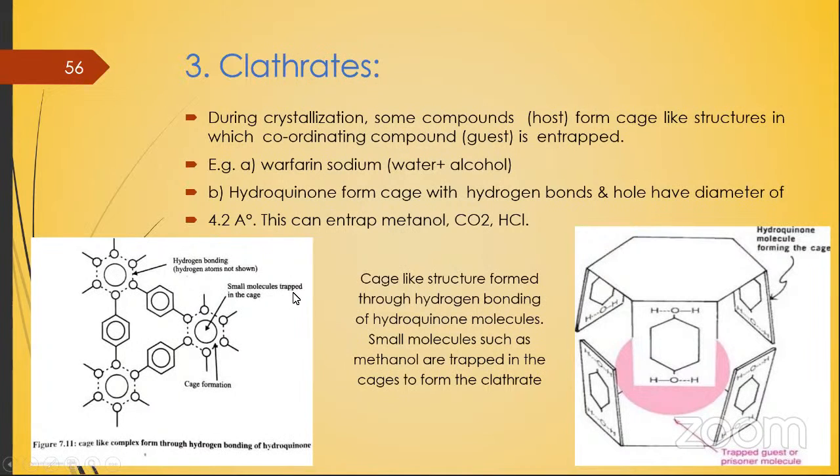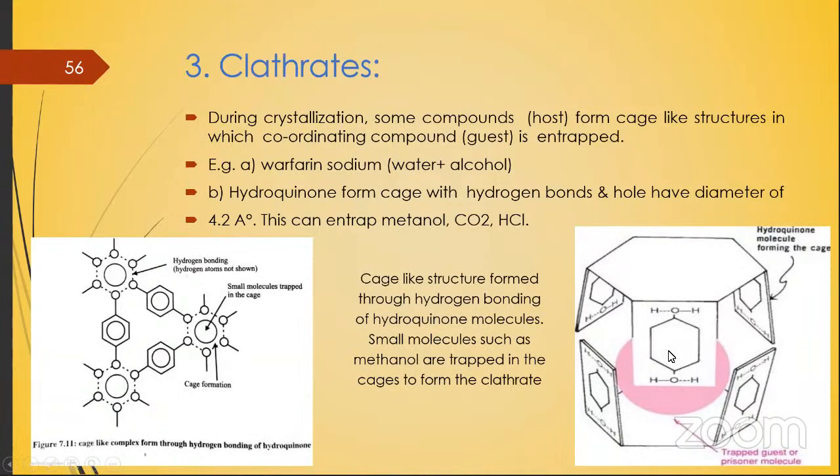The small molecules are entrapped into this cage, and the hydrogen bonds that are formed will form the cage-like structure, and inside that small molecules will easily be entrapped to form a clathrate. So that is an example of clathrate where a cage-like complex is formed through hydrogen bonding of hydroquinone.